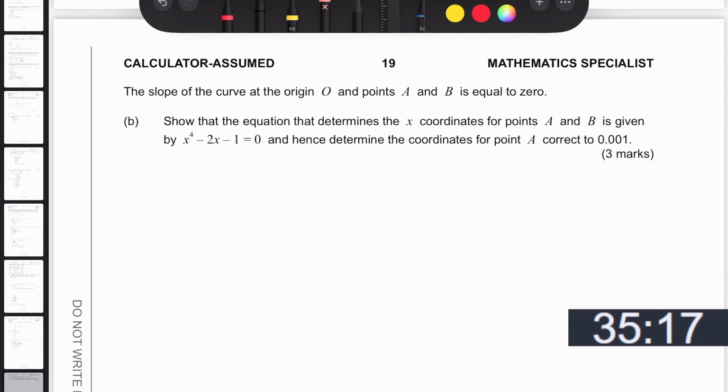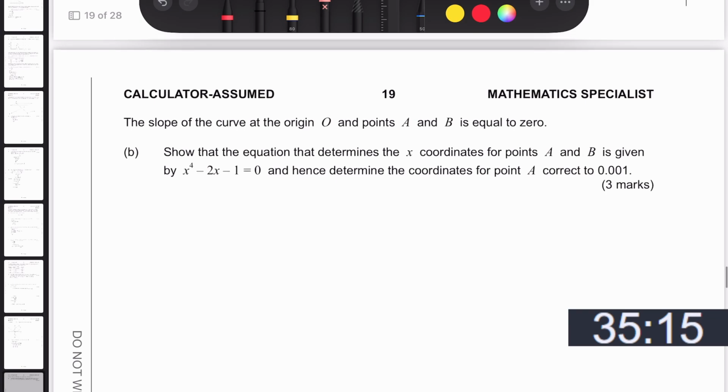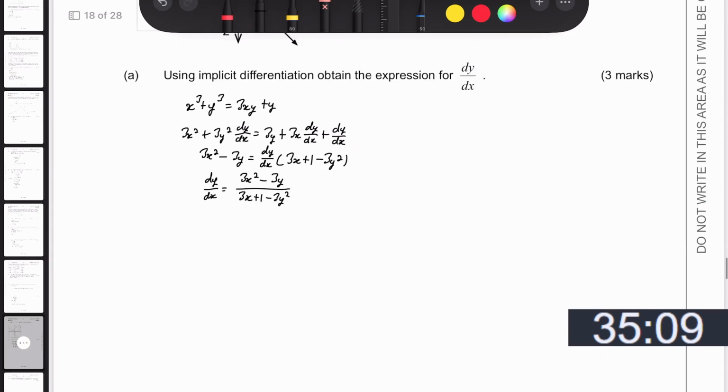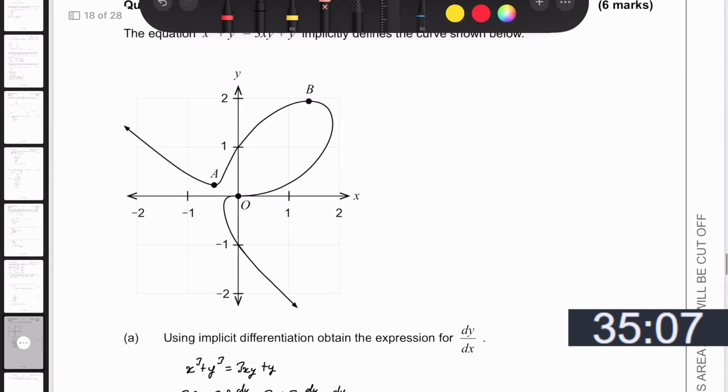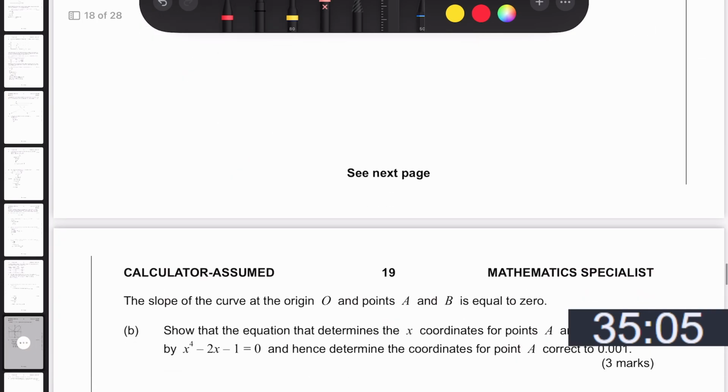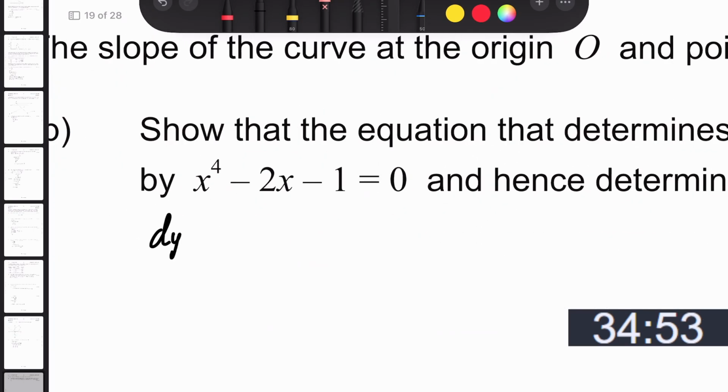Show that the equation that determines the x coordinates of point A and B is given by that, and hence determine the coordinates for point A correct to 0.001. A, B, and 0 is equal to 0, slope of the curve at the origin. So let's say dy/dx is equal to 0.